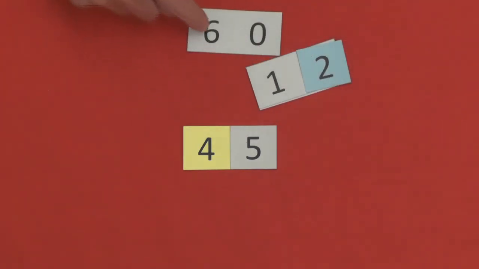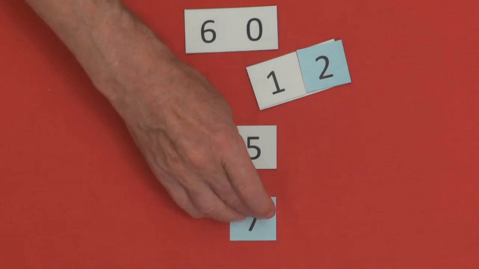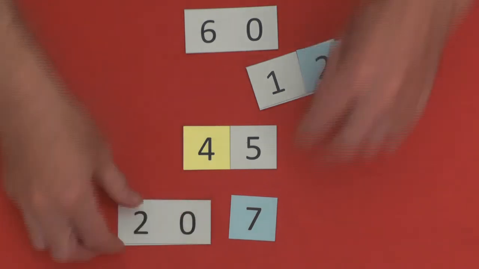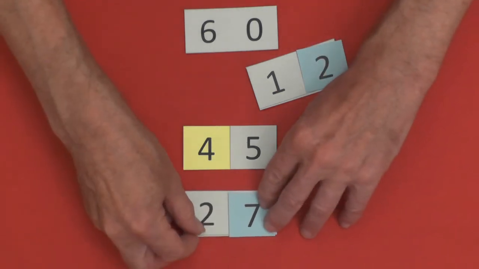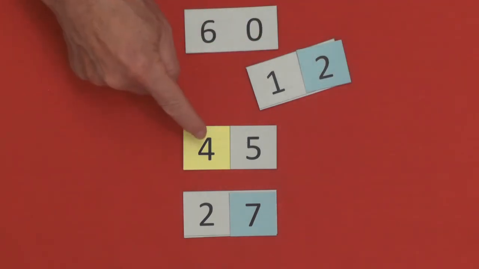It's still 72. 12 take away 5 is 7. And 60 take away 40 is 20. So I have 72 take away 45 is 27.